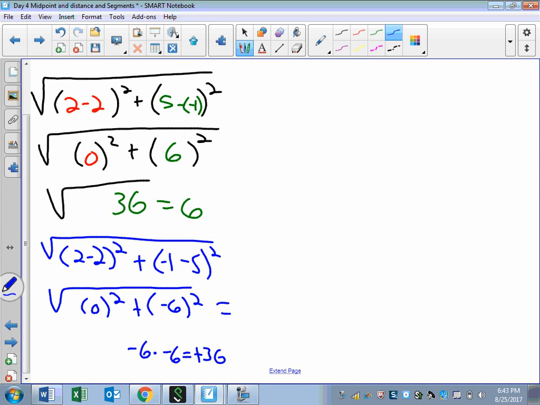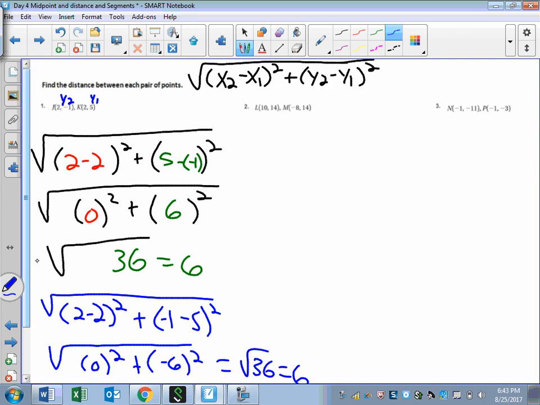You just have to make sure that if you label the first point x1, you do y1. You can't do x1, y2, and x2, y1. But we're still going to get the square root of 36, which is just 6. So I did all that to say that the order doesn't matter. You can make the first point x1, y1, or you can make the first point x2, y2. You still should come out to the same answer. Okay?